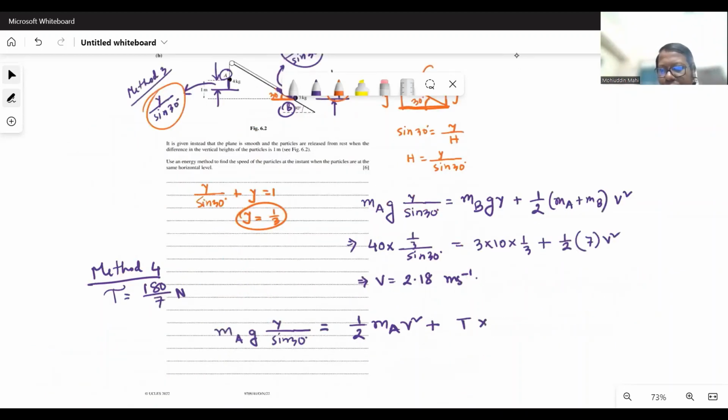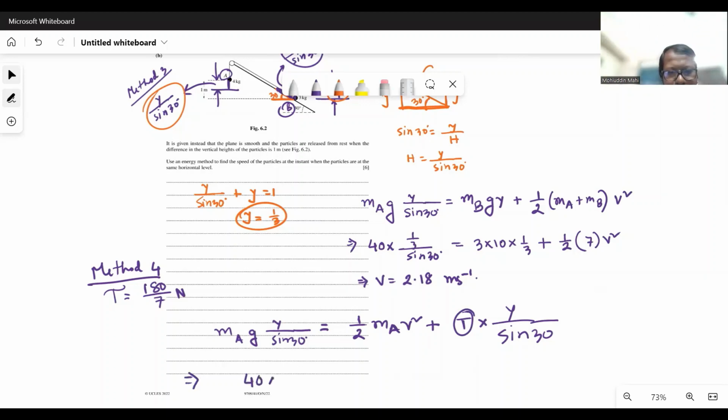Be very careful. You cannot consider Y here, because work done equals force times distance moved in the direction of the force. So tension multiplied by distance moved in the direction of the tension.